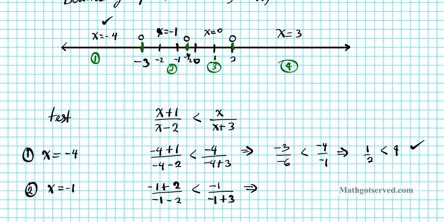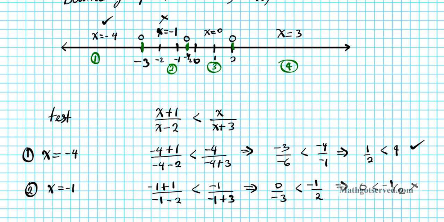Okay, a slight mistake, it's supposed to be -1 plus 1 over here. Simplify it: you're going to have 0 over -3, less than -1 over 2. Simplify it further. Is 0 less than -1/2? Absolutely not, so interval 2 is bad.